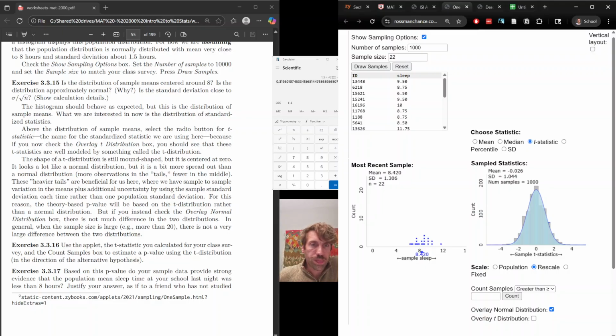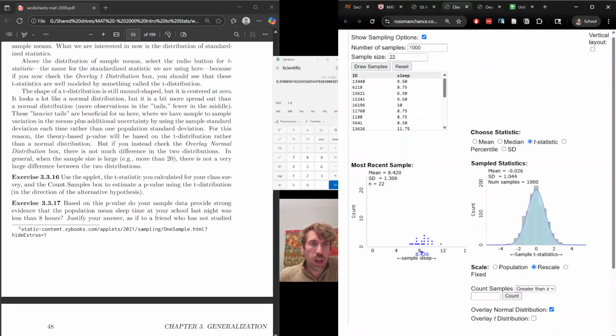Okay, so use the applet, the T statistic you calculated for your class survey, and the count samples box to estimate a p-value using the T distribution. So T distribution, count samples, and so we're going to count 8.